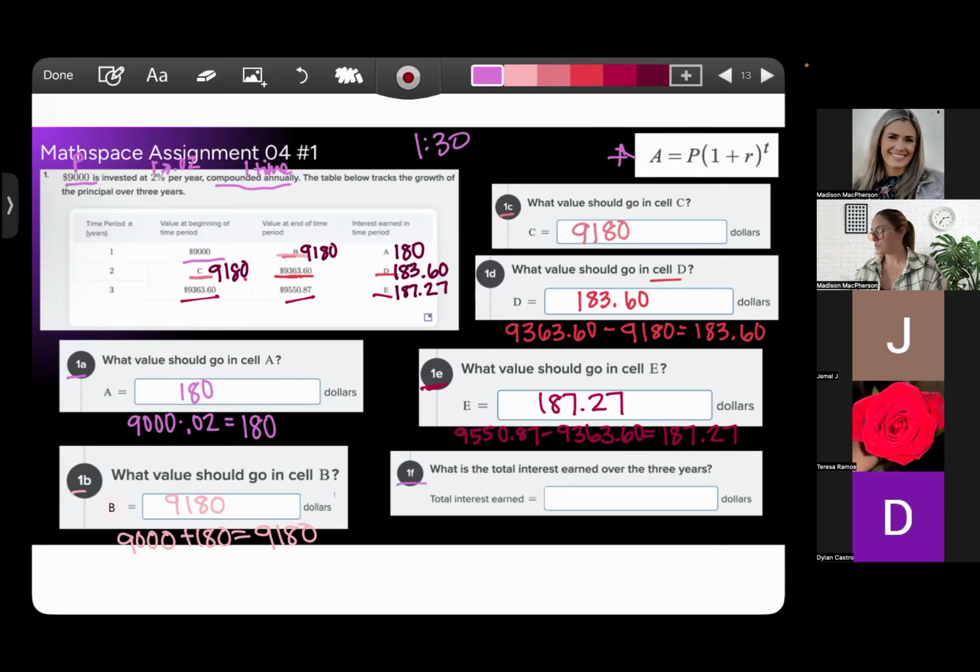Okay, and then 1F says, what is the total interest earned over the 3 years? Well, it's all of those added together. So 180 plus 183.60 plus 187.27. So add those all together and see what you get.